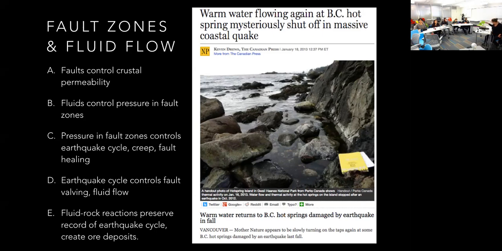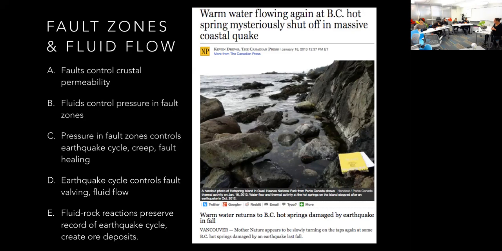I think what Lana had originally put me down for was to talk about the role of fluids in brittle faulting, and zooming out a little bit from that and talking about more details about brittle faults, how they evolve, how we find them in the field, what they look like. And at every stage of the evolution of a brittle fault system, there's an important role for fluid-rock interactions.